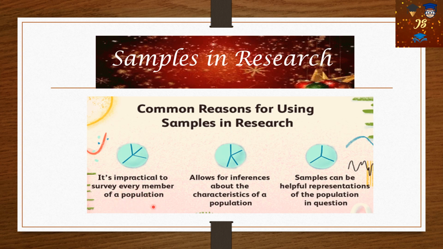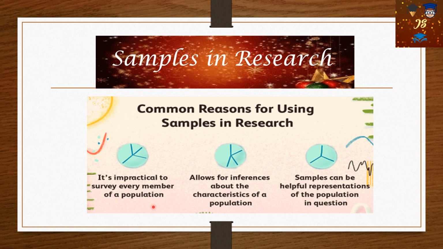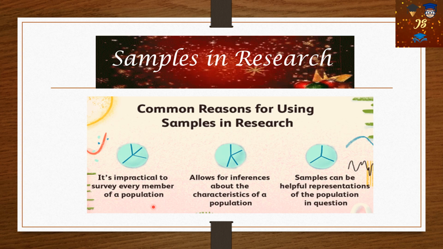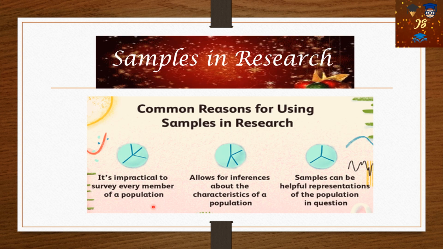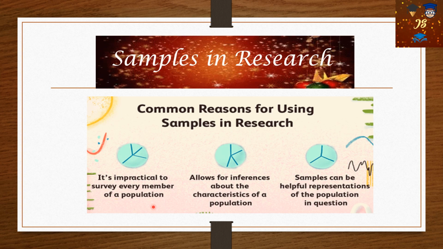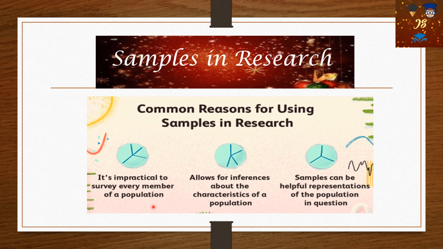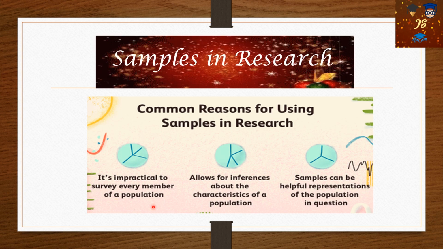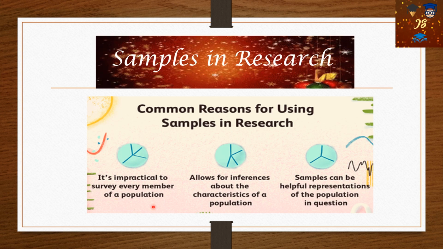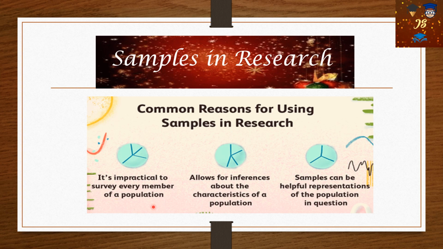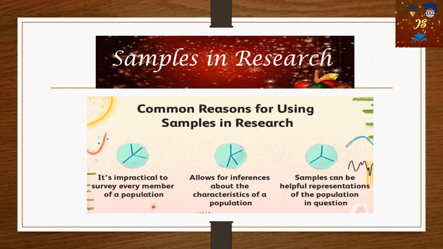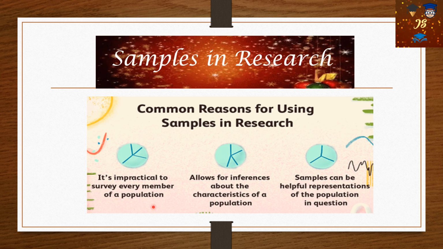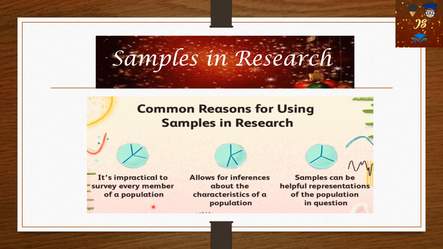Very true, because if your aim of research is to list down how many people are suffering from diabetes mellitus in the whole world, and all the diabetic patients of the whole world are represented as the population, then it is impractical to survey each and every member of the whole world who comes under the population.